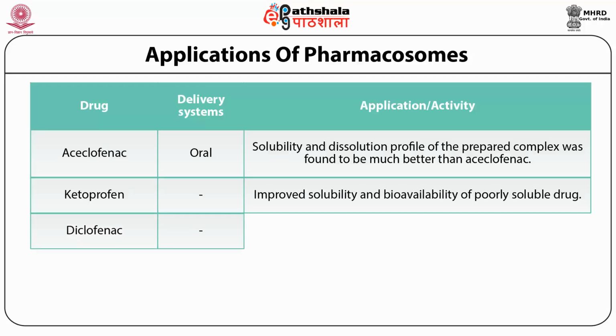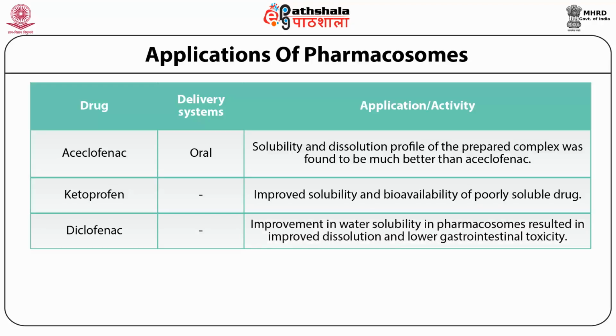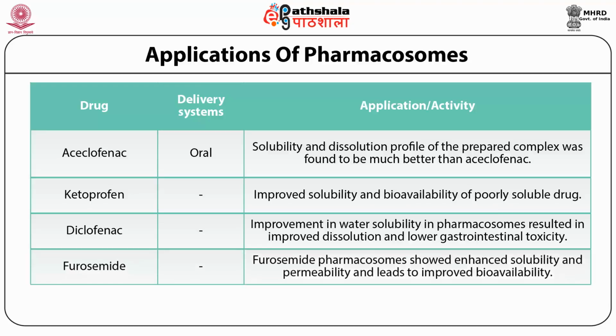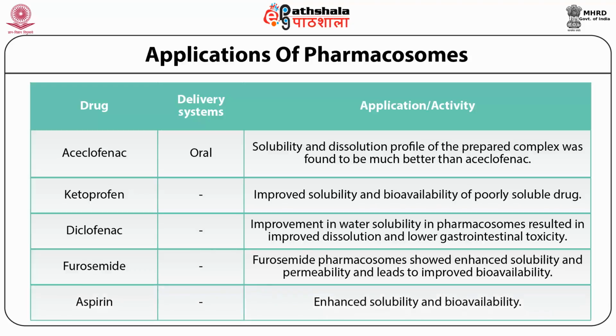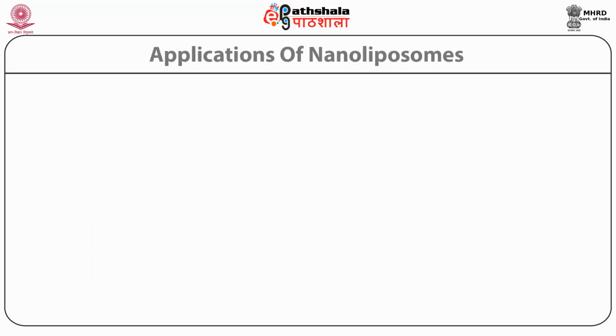In case of diclofenac, which is also given by oral route, it showed improvement in water solubility in the pharmacosomes form, which resulted in improved resolution and lower GIT toxicity. Similarly, for furosemide, the pharmacosomes of furosemide showed enhanced solubility and permeability, which leads to improved viability in the body. Then aspirin, it showed enhanced solubility and increased bioavailability in the system.